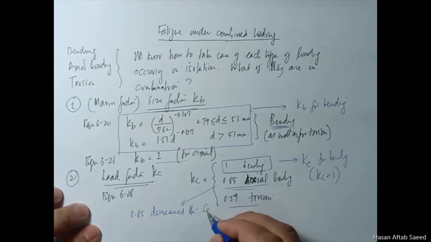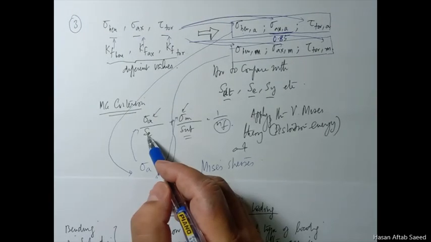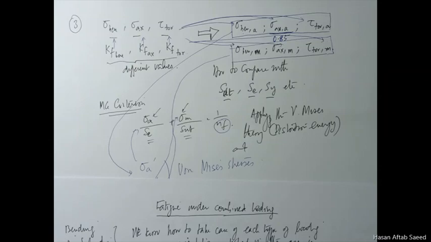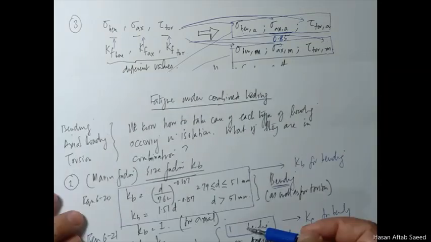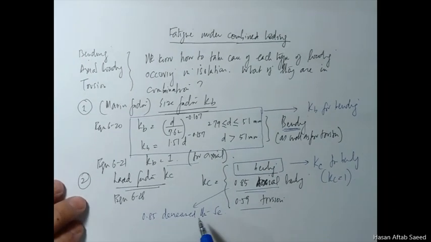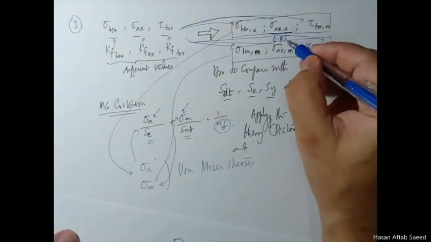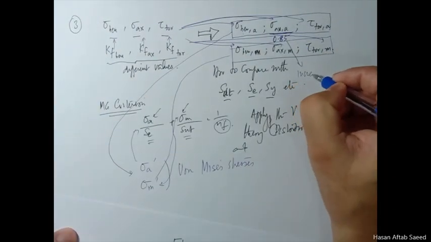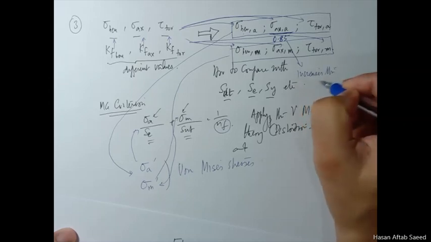the endurance limit. Now, you cannot decrease the endurance limit just for axial loading. You just have one endurance limit. You cannot decrease it, because then you also have bending and torsion applied. So instead of decreasing the SE here, this 0.85 increases the stress component.